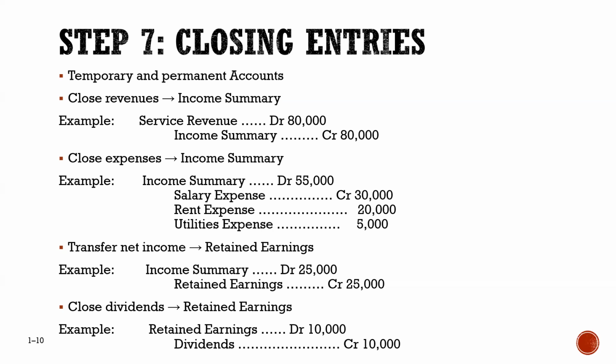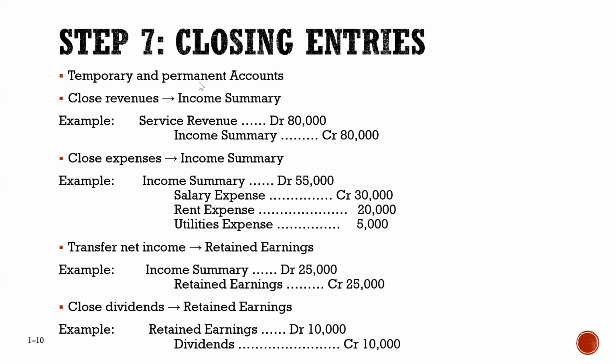Temporary accounts include all the revenue accounts, all the expense accounts, and the dividend accounts. These accounts show what happened only during this period. When the period ends, their balances must be transferred to retained earnings so that the company's long-term equity is updated.